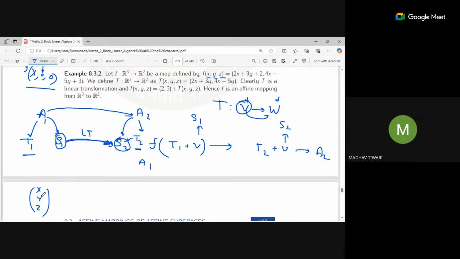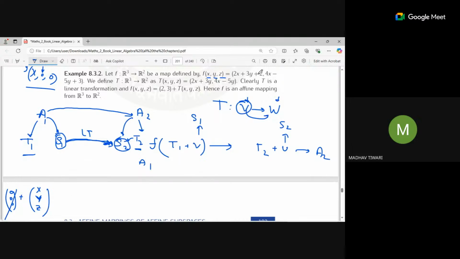No, there are no constant terms. It is not 3, it is z. I am not talking about the range, I am talking about the domain. No constant term is there, so I can say that it has a translatory point that is (0, 0, 0). So I can remove this part and it will remain like this.